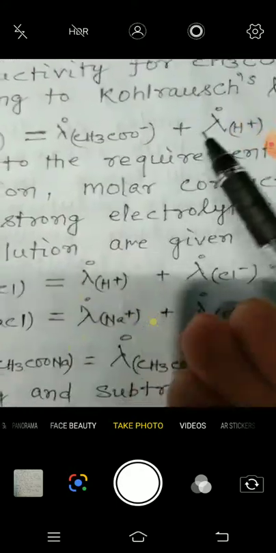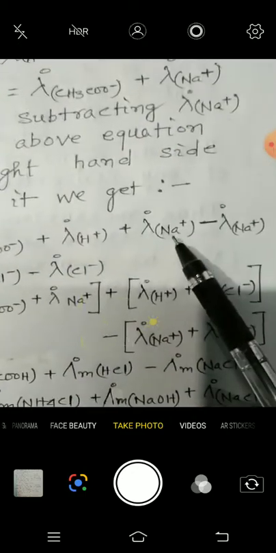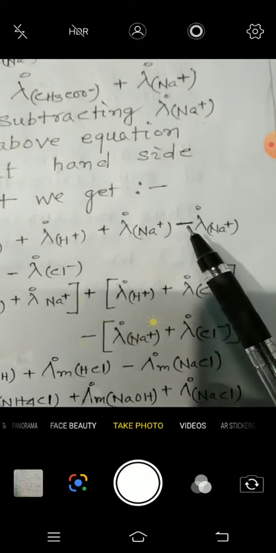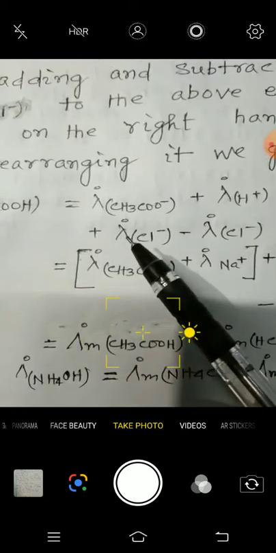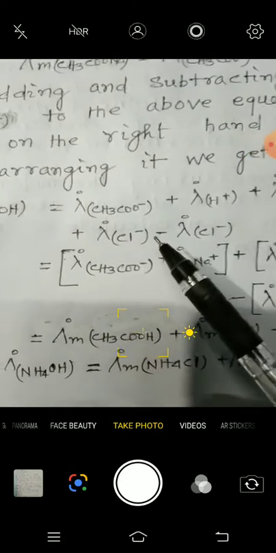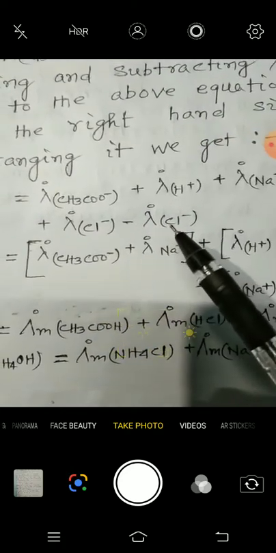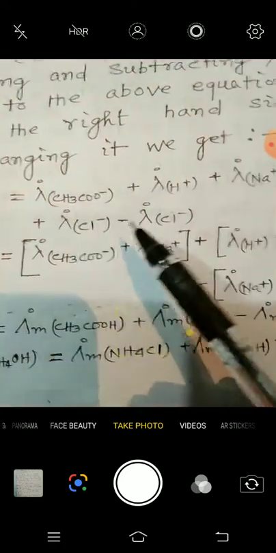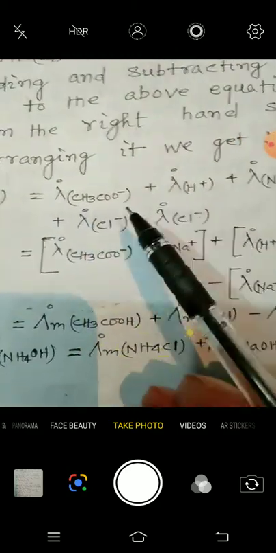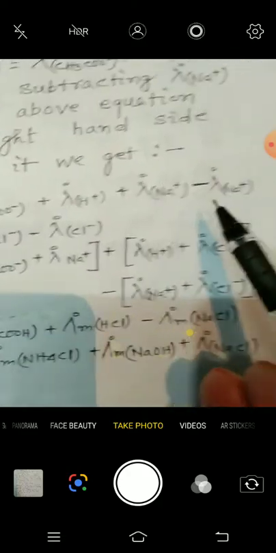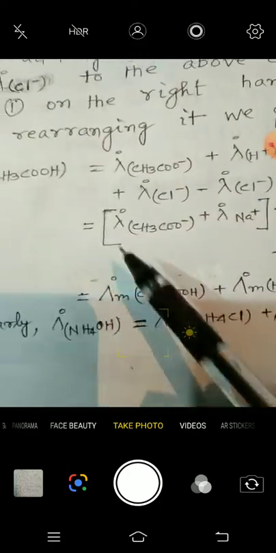I have added in this equation the molar conductivity of Na plus, and then subtracted it again, and the molar conductivity of Cl minus ion was also added and subtracted. So when you cancel these two things, automatically you will get the same thing. So we can add and subtract these things.